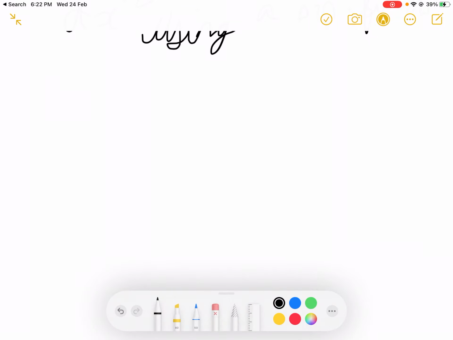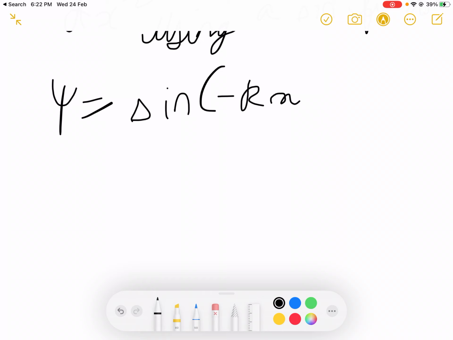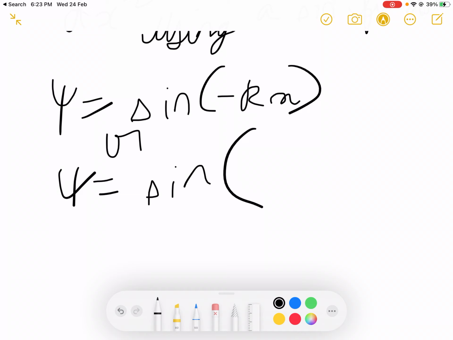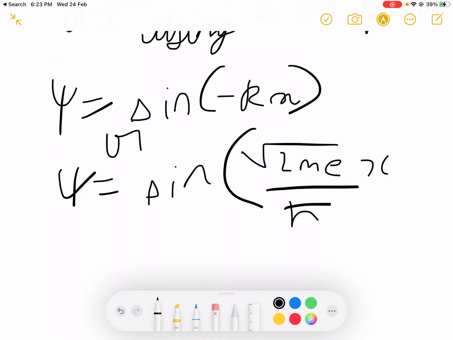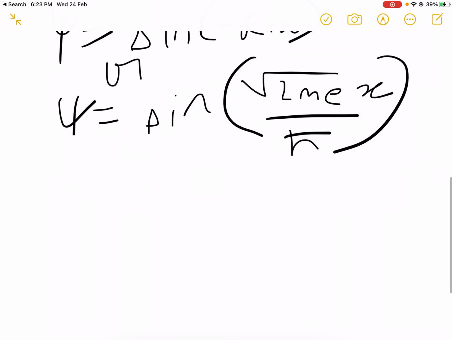So psi is equal to the sine of kx, or psi can also be represented in a more elaborate form as the sine of the root of 2mE over h bar times x. And then we can differentiate the sine function. The derivative of sine is cosine, and the derivative of cosine is negative sine, and since we are differentiating sine twice, we get negative sine.